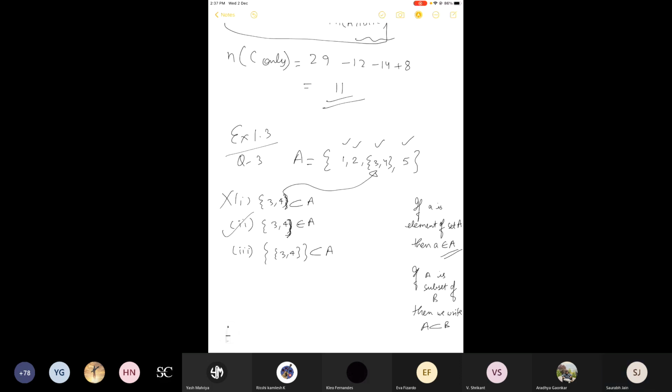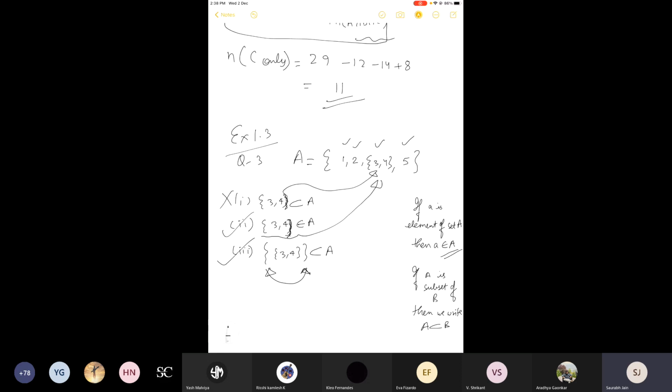Now read carefully and tell me whether the third will be correct or false. So true. The third is true. Why? What is the difference between the second one and the third one? The second one is written as an element, while now two braces have been used. So it is a case of a singleton set.